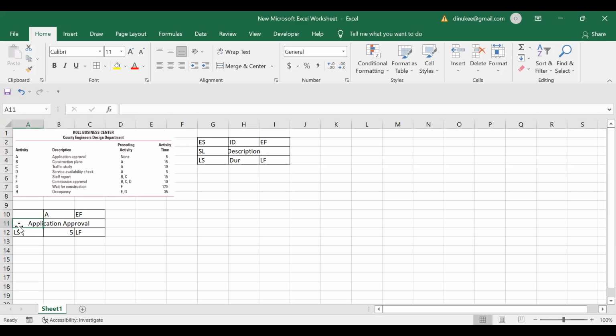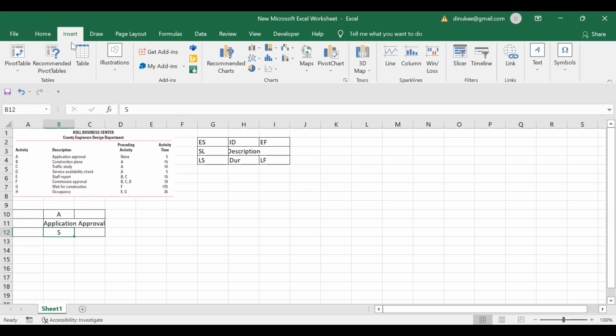So the legend details I will delete. So I have put the ID number and the duration. And after finishing this activity A, you can start to do the activity B, right?